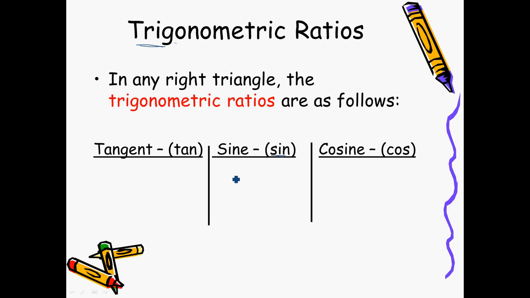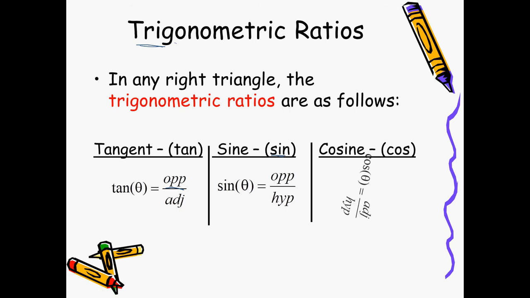Tangent doesn't look like a ratio until I define it. The tangent of any angle, and we're using Greek letters, theta, is a ratio of the opposite side of a triangle compared to the adjacent. The sine of any angle of a right triangle is the opposite compared to the hypotenuse, and the cosine of any angle is the adjacent compared to the hypotenuse.